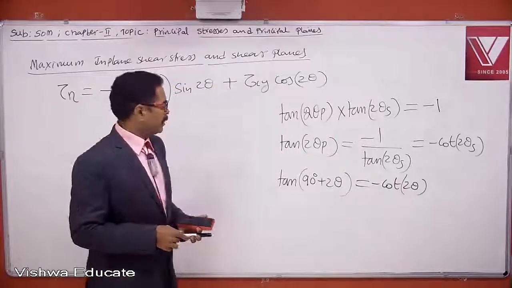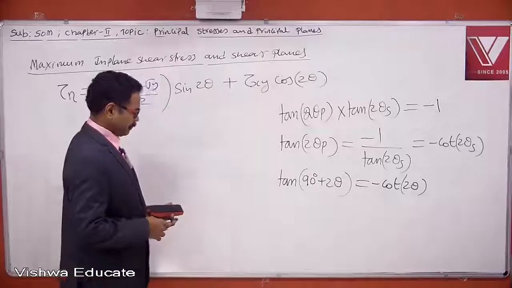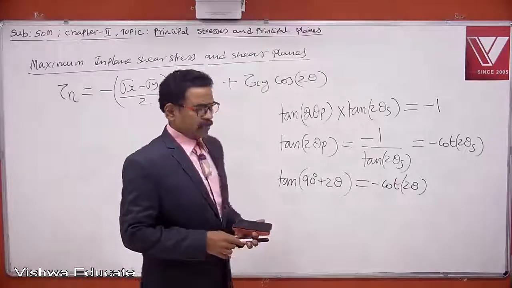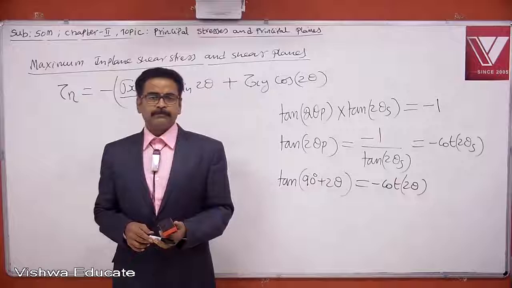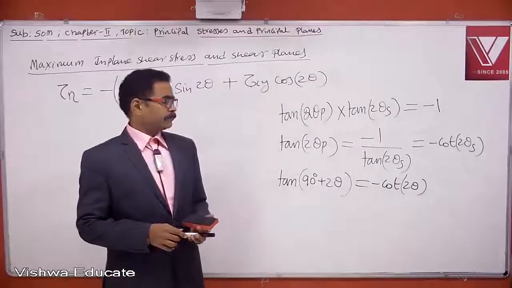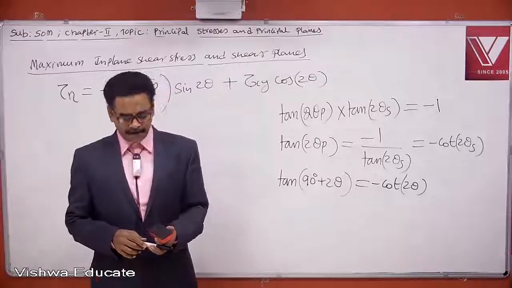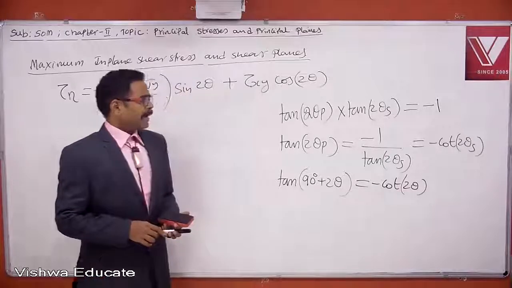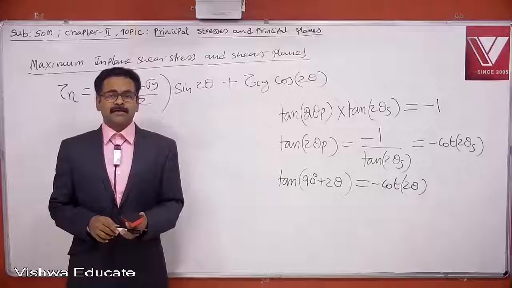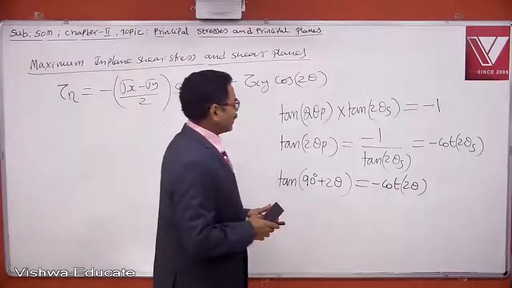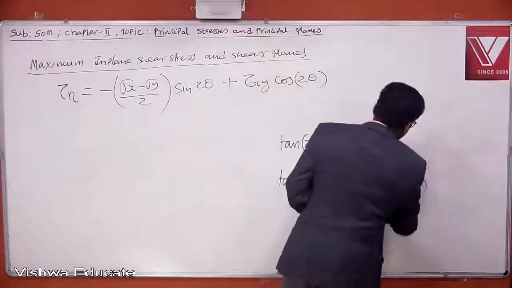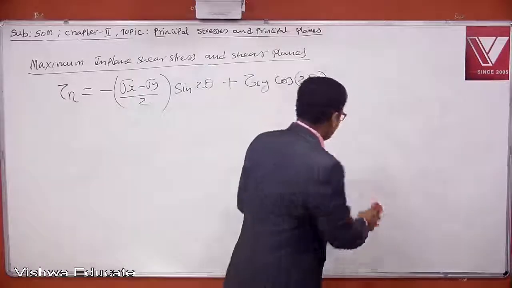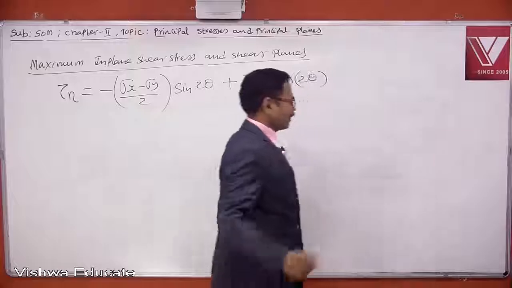Now you may write, the above expression shows the angle between a principal plane and corresponding shear plane is 45 degrees.